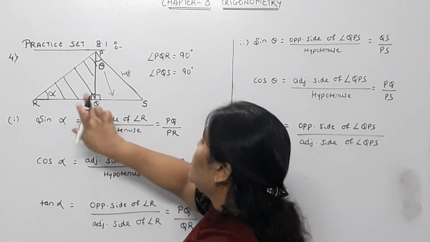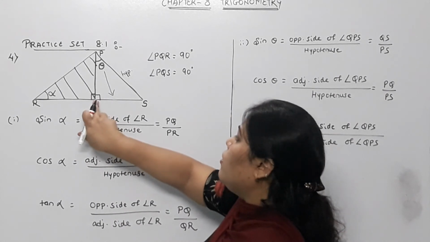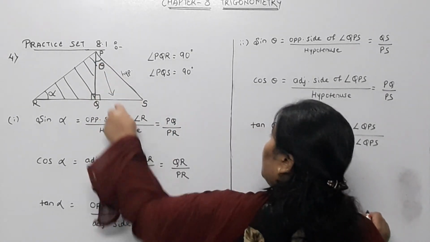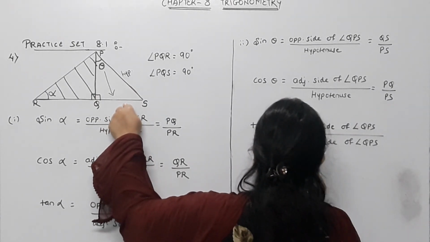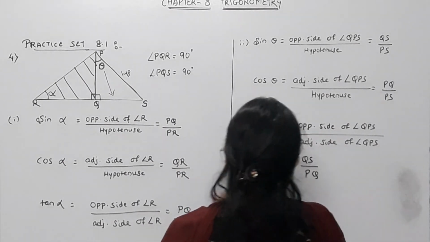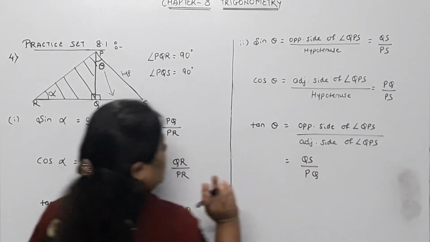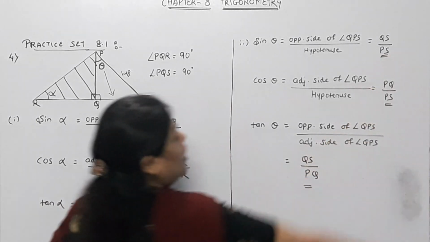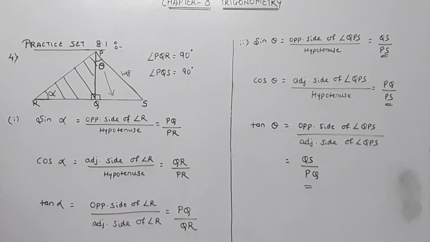So we have to mention it clearly that it is for angle QPS. So opposite of QPS is QS and adjacent is PQ. So for tan theta, the ratio is QS upon PQ. This way we are done with our fourth answer. And here we come to an end to our practice set 8.1. Thank you.